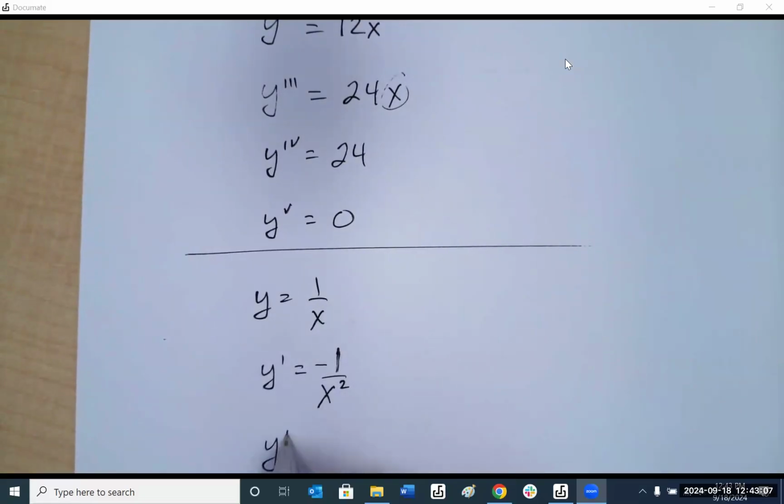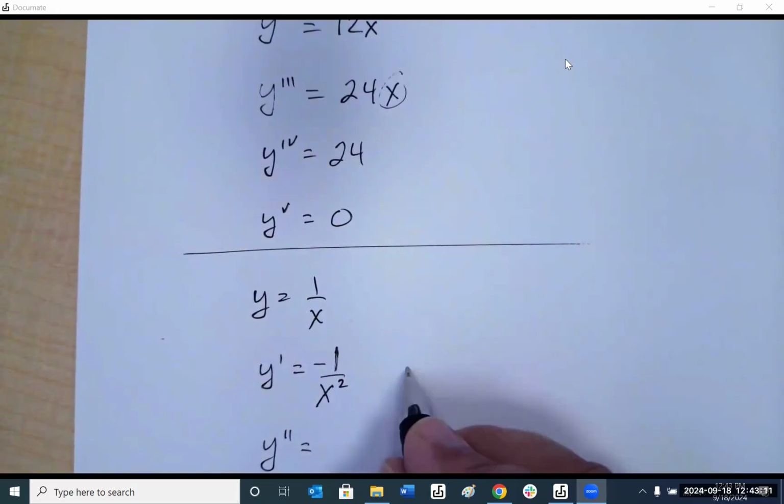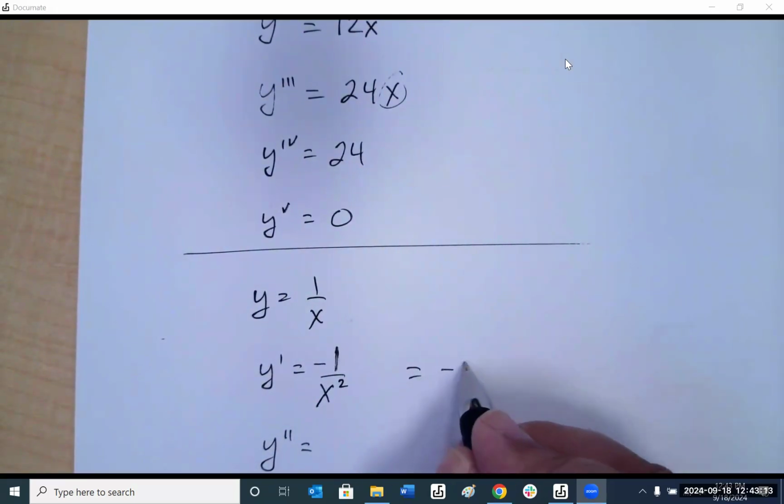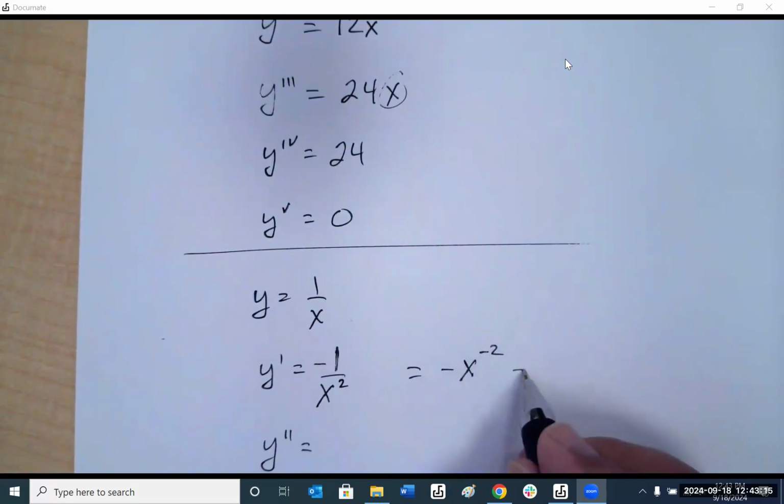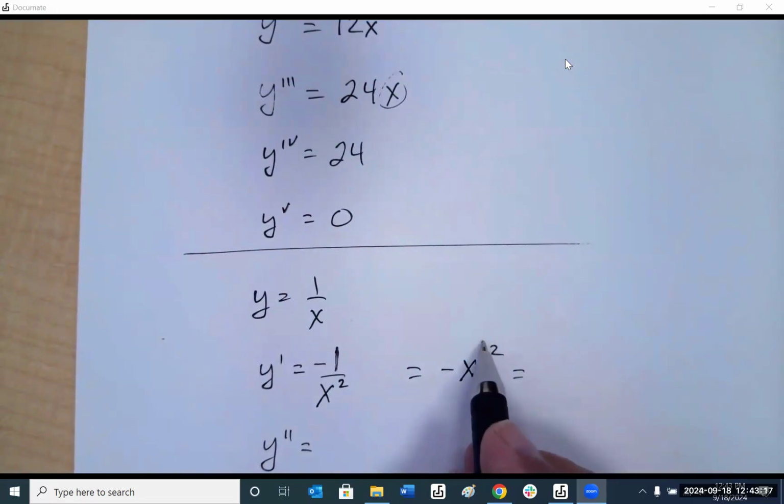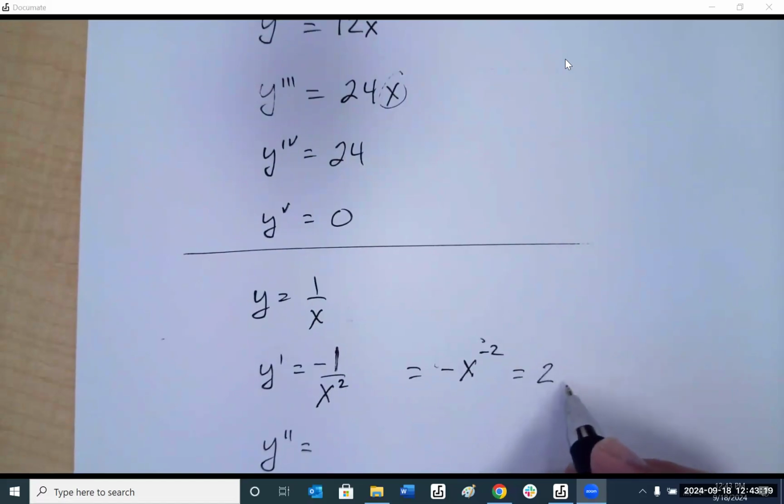Okay, then what's the next derivative? We would write that one as x to the negative 2. So the power comes down, makes it a positive 2. So we have 2 over x cubed.